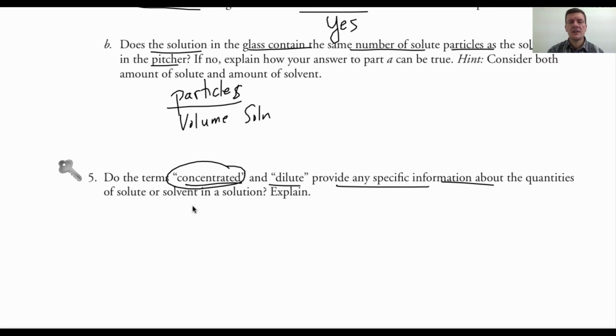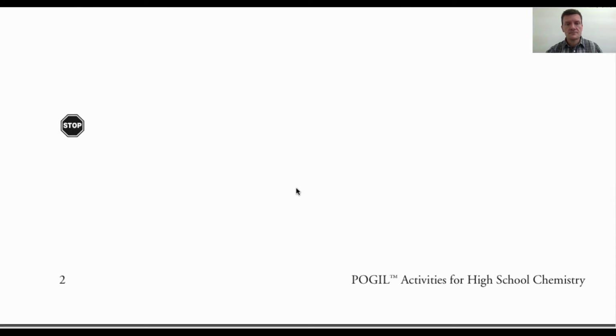It's not concentrated." So it is not as specific as we'd like to get in the scientific world, because we would like to have an actual value attached to these numbers so that we can compare. We would like to compare different solutions, and then look at the numbers and say, this one is definitely more concentrated than the other one.